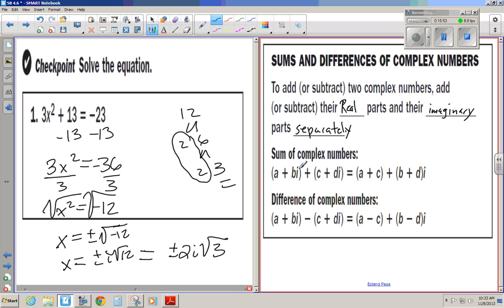Basically, you view the i, I'm going to say this, view i as a variable. Okay, for adding and subtracting, view i as a variable.